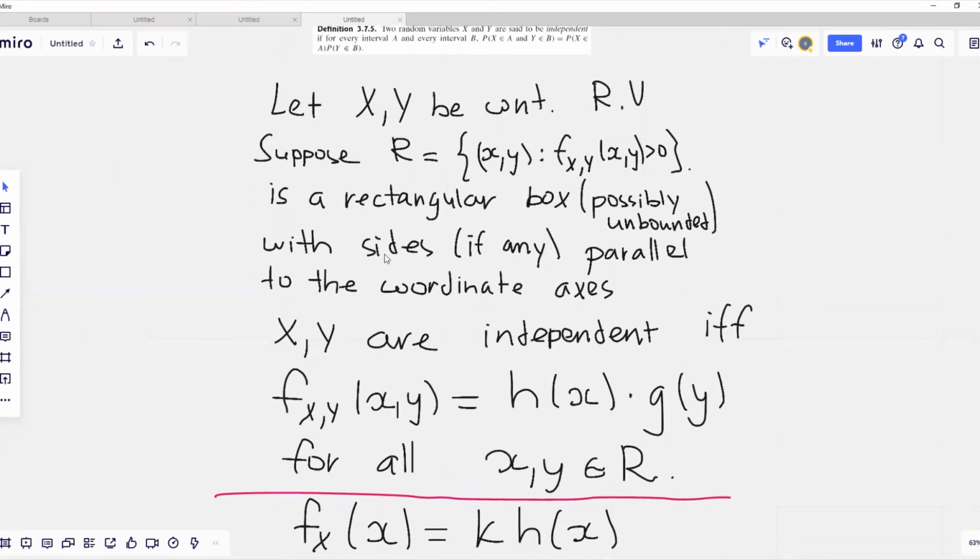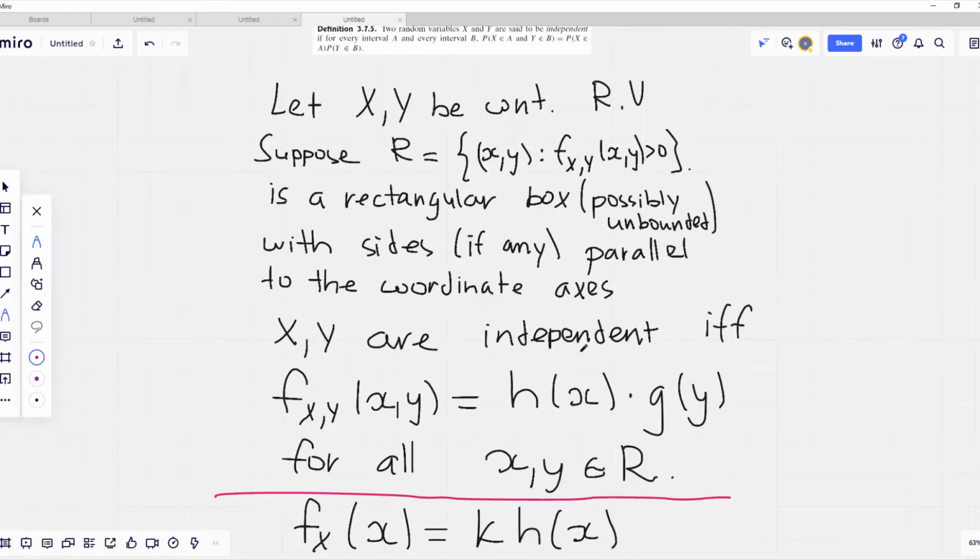Why do we need this stuff about the region where the joint PDF is non-zero? You will see why we need this part in a second. So let's go over the theorem again. Let X and Y be continuous random variables, and let's suppose that region R, where the joint PDF is non-zero for x and y, represents a rectangular box with sides that are parallel to the coordinate axes.